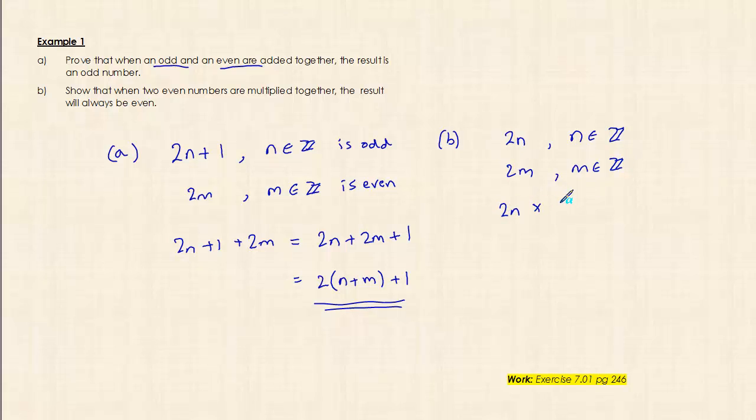If we multiply them, we get 4mn, which we could write as twice 2mn, and since it's a multiple of 2, it's definitely even. Both of these proofs are what are known as direct proofs, and we can now do exercise 7.01 on page 246.